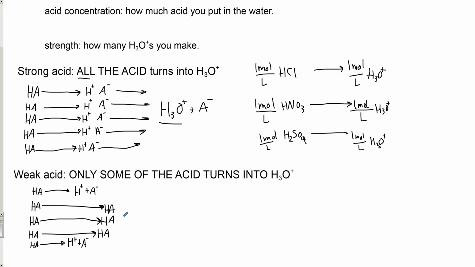What does that mean for a weak acid? It means that, let's say we have a 1 mole per liter of acetic acid. We're going to get like 0.04 moles per liter of hydronium.